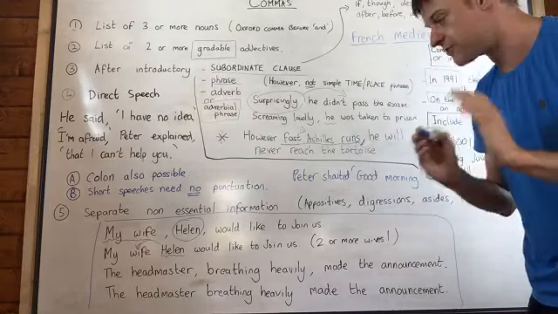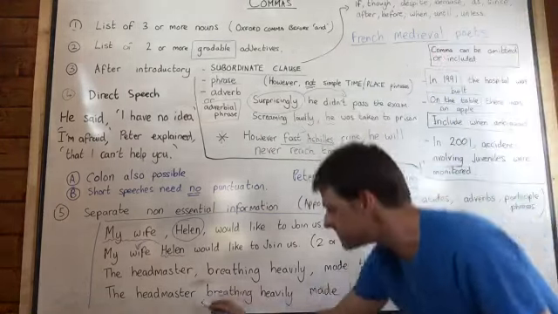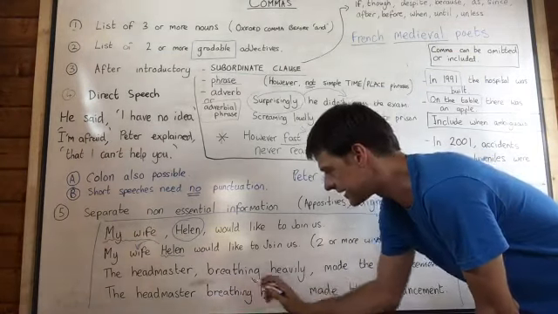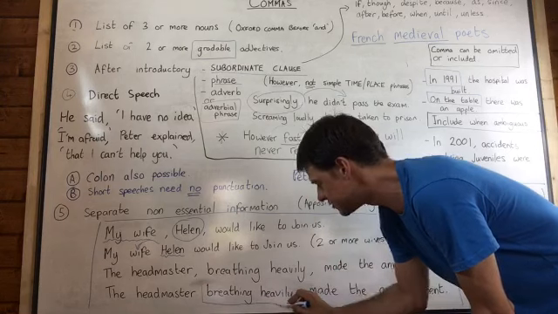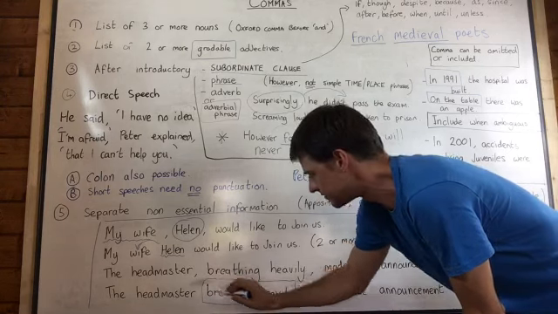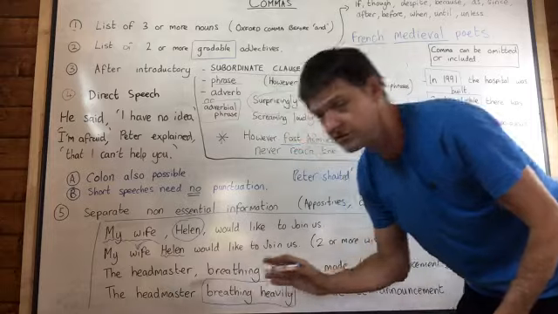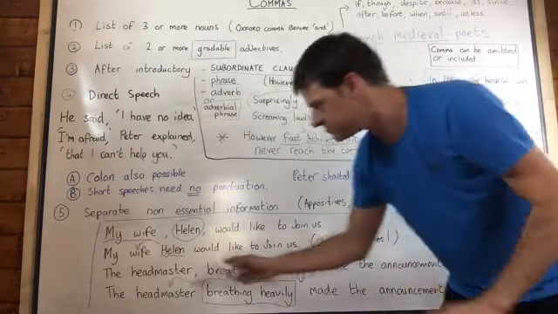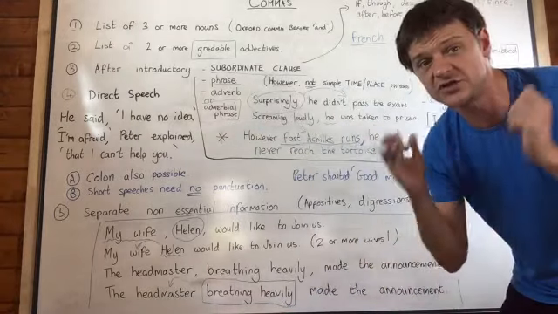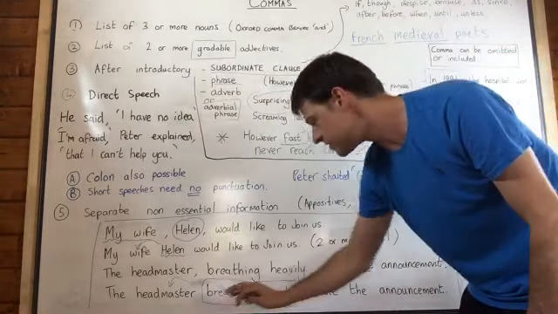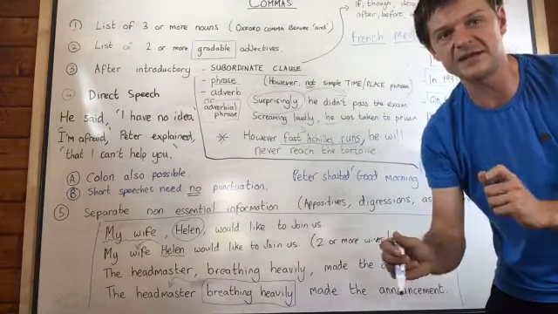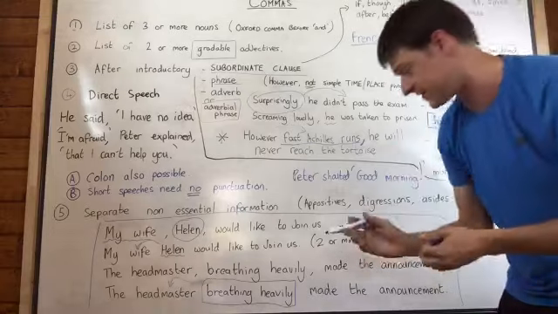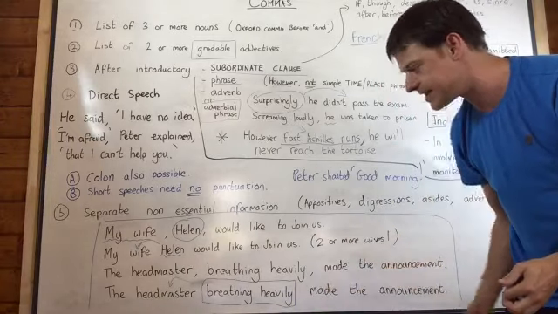Now, if you've got 3 different headmasters, you could miss out the commas here and say the headmaster who is breathing heavily. This suddenly becomes essential information, and it's a participle phrase. It's a reduced relative clause as well. And it's a participle phrase which is modifying headmaster. It's telling you which headmaster. So as soon as you miss out the commas, you're saying the headmaster, the one who was breathing heavily, was the one who made the announcement.